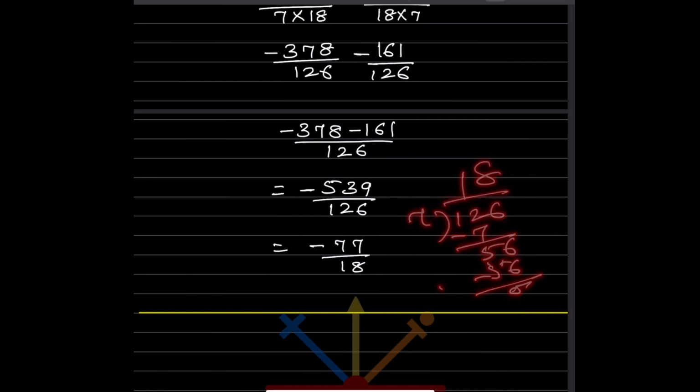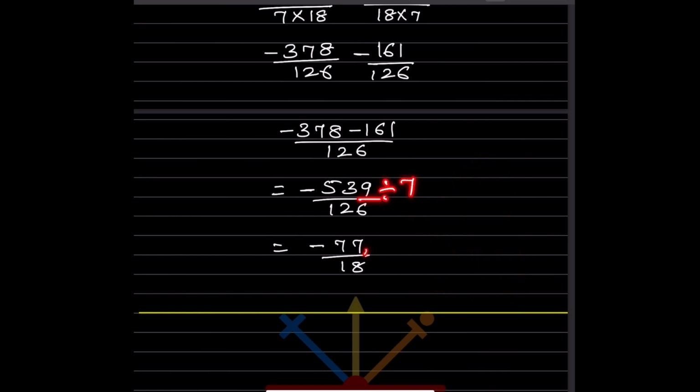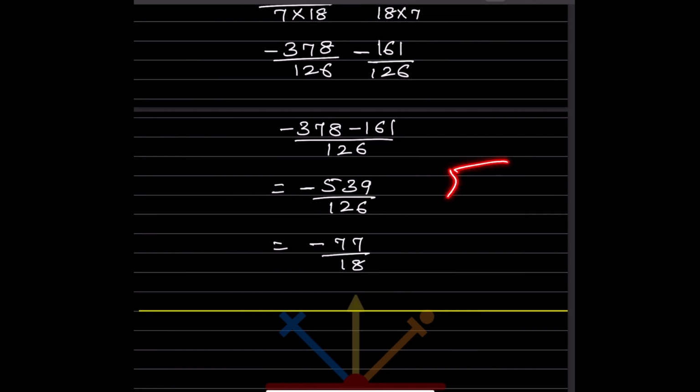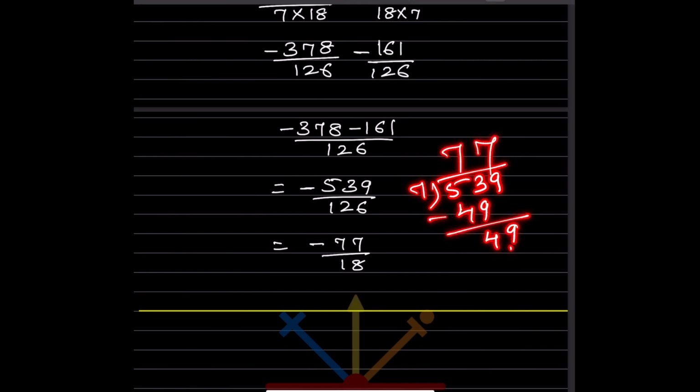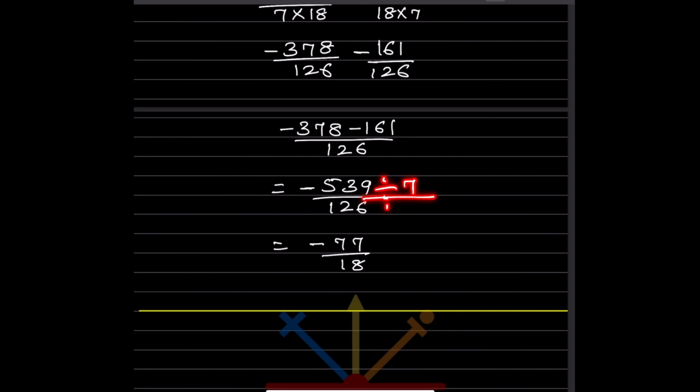So if you are putting here divided by 7, divided by 7, when you divide both by that number, 126 divided by 7 is 18. And 539 divided by 7: 7 sevens are 49, and this will be 4, 9, 7 sevens are 49. Yeah, this is correct. So when you divide by 7, you get 77 by 18.